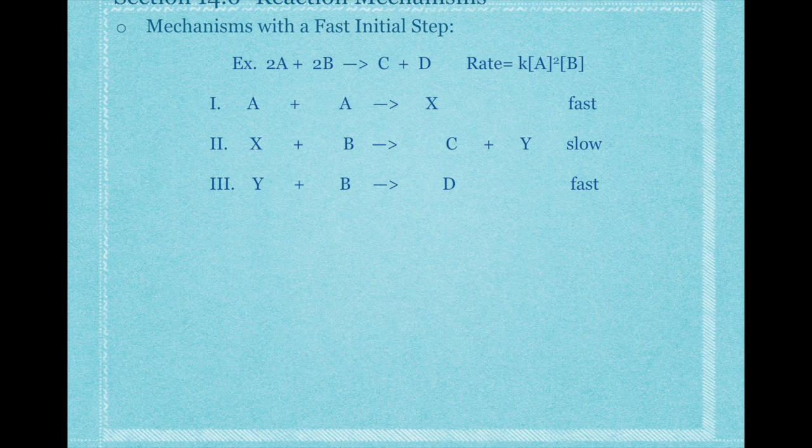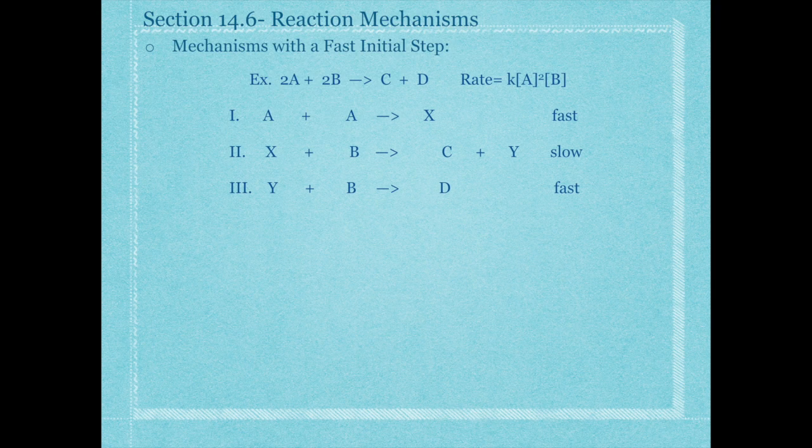And this is actually going to be helpful for us in determining your rate law. And so what we're going to assume is that at step 1, even though it's fast, because there's a backup, because step 2 is so slow, step 1 is going to exist in equilibrium. Remember, at equilibrium, the rate of your forward reaction equals the rate of your reverse reaction. And so we're going to use this.